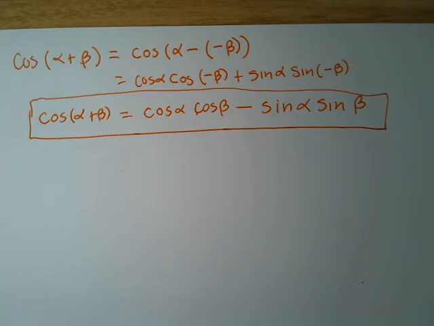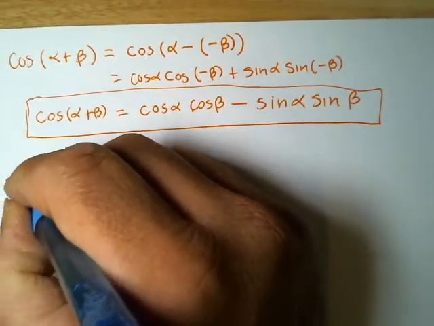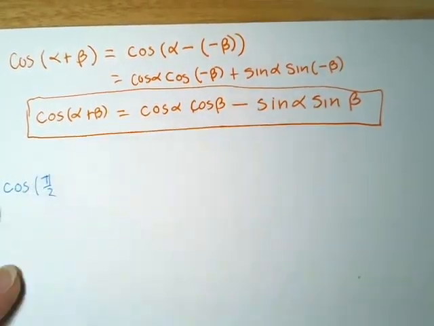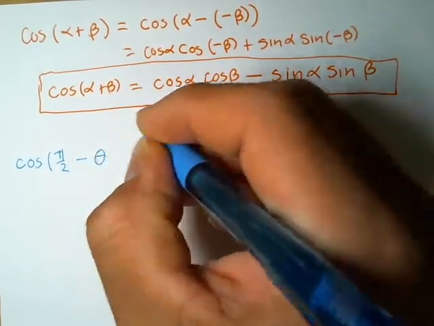All right, now the next thing we're going to look at here is what are called some cofunction identities. The sine and the cosine have a special relationship that we're going to see algebraically, using the sum and difference formula. And in the next section, we'll look at graphically how the sine and the cosine are related. So I'm going to do an example here where I take the angle in radians pi over 2, and I'm going to subtract theta.